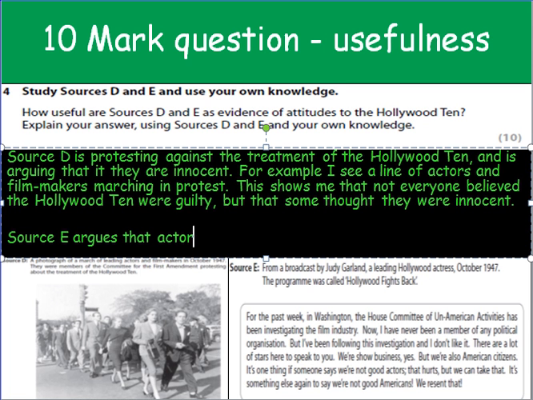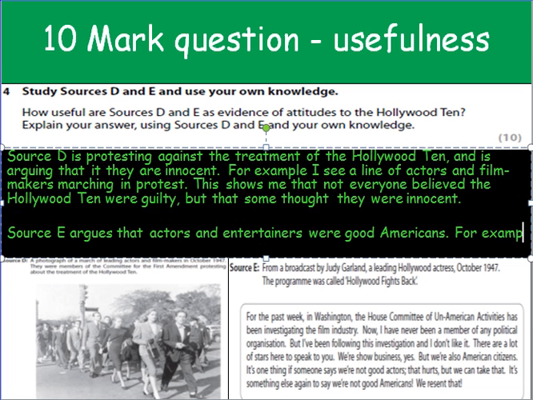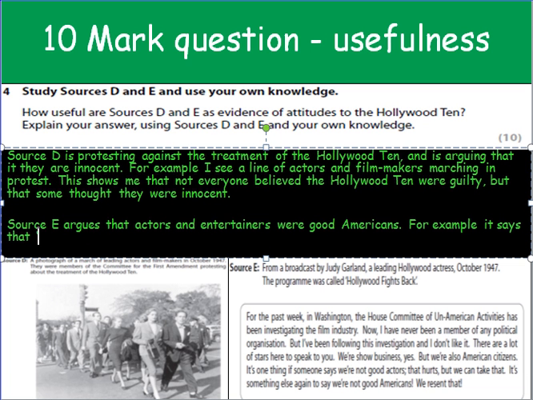Again, it's saying that actors and entertainers were good Americans. For example, it says that we resent that, and it says we're also American citizens.